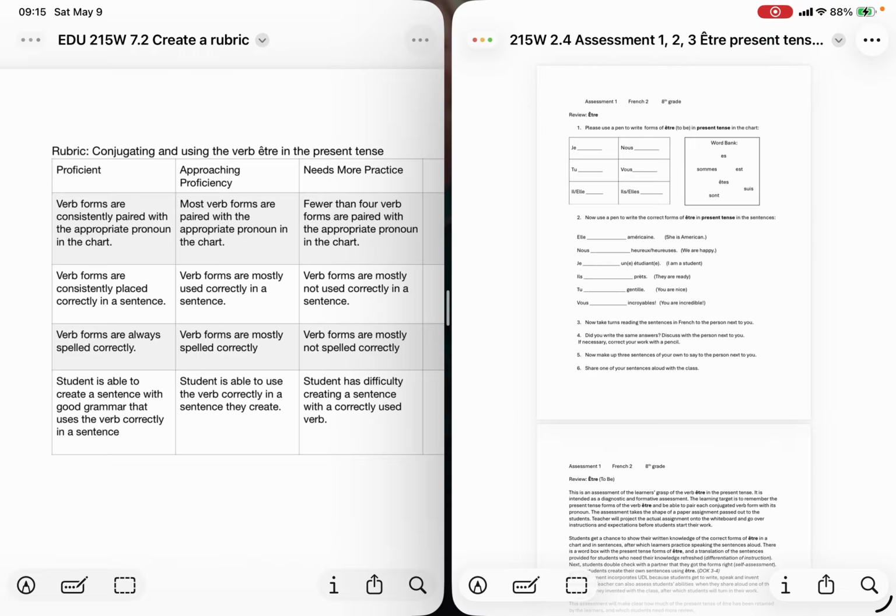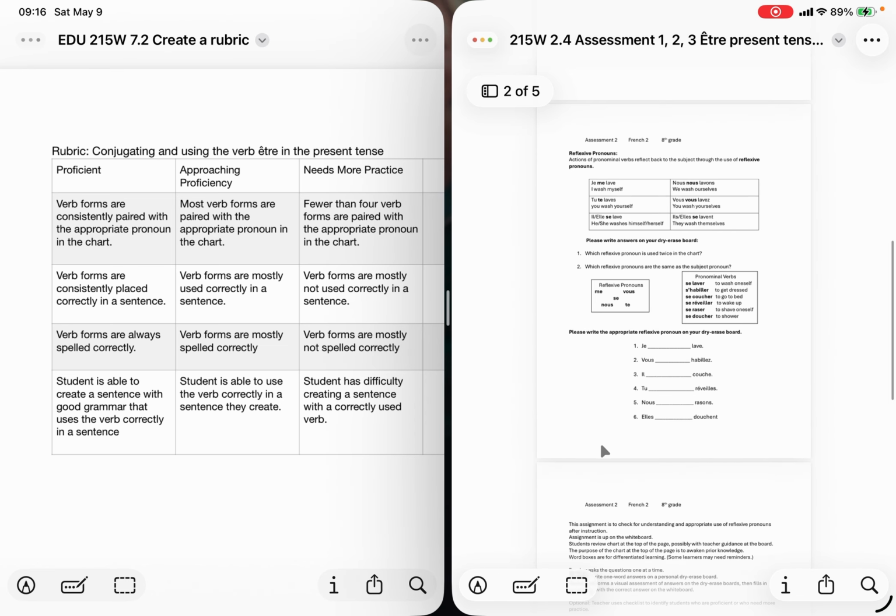And the rubric is pretty clear. Like here, if the student is able to create a sentence with good grammar that uses the verb correctly in a sentence, that would be an A+. Where if the student has difficulty creating a sentence with the correctly used verb, that would be below norm. Okay, let's go to the next one.